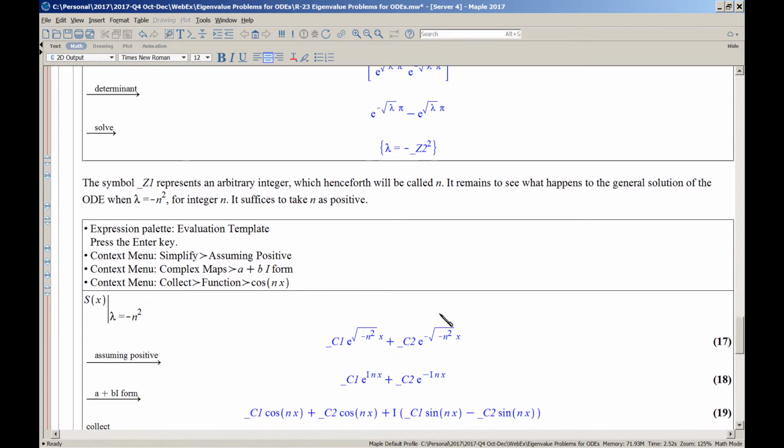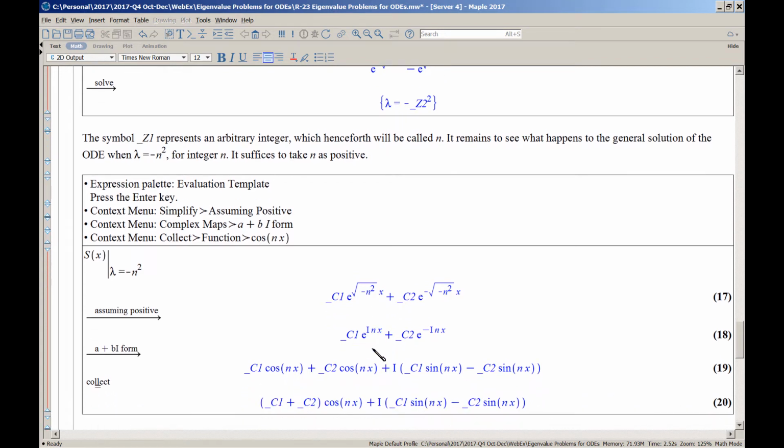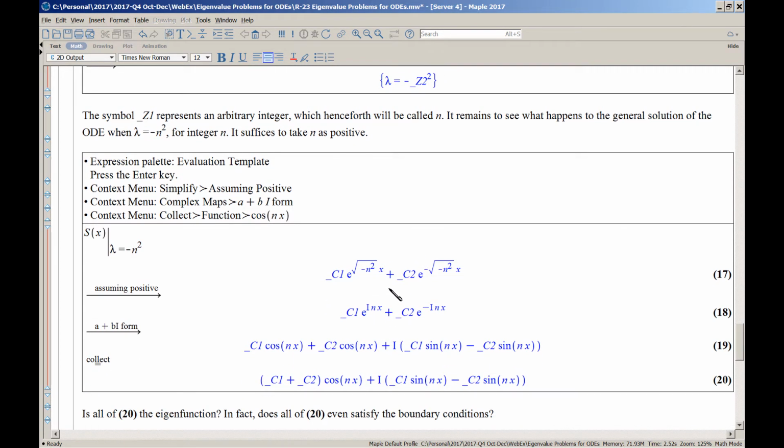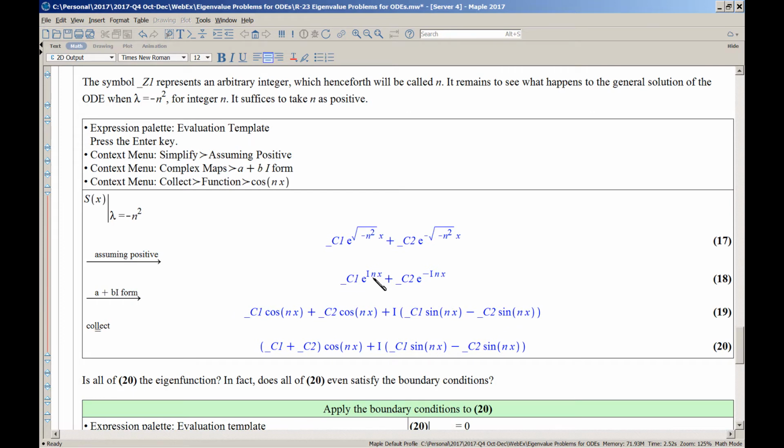So here is the general solution with lambda set equal to minus n squared. Then I start simplifying. So I simplify assuming that n is positive. I get this, but Maple at this point does not know that n is an integer.